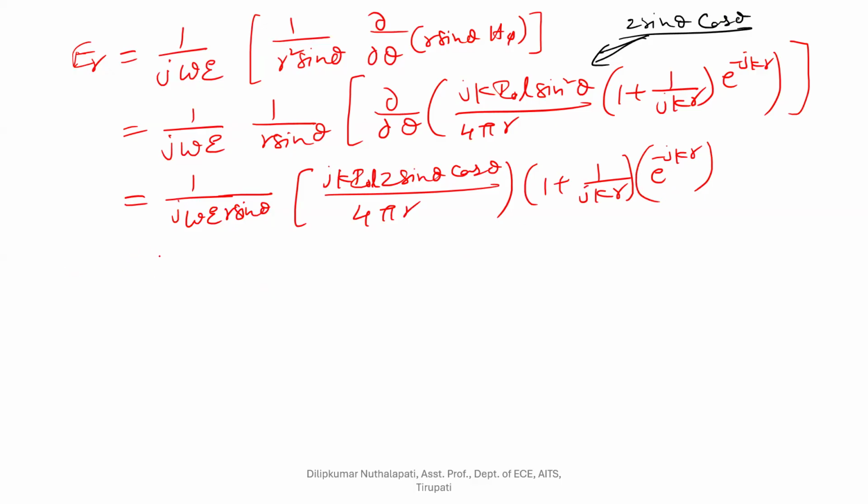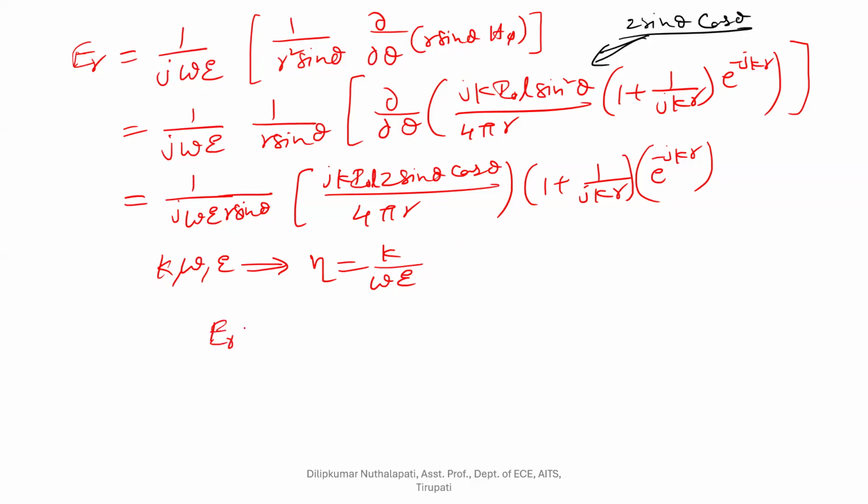So let us replace the terms of k, omega, epsilon in terms of intrinsic impedance as eta is equal to k by omega into epsilon. Here, k is phase constant, omega is angular frequency, epsilon is permittivity.